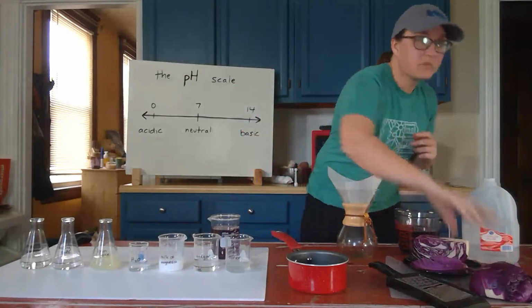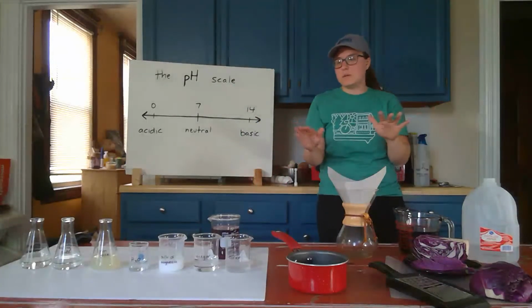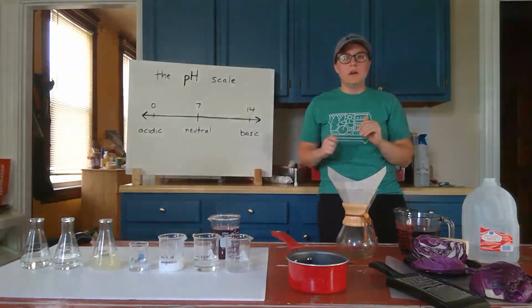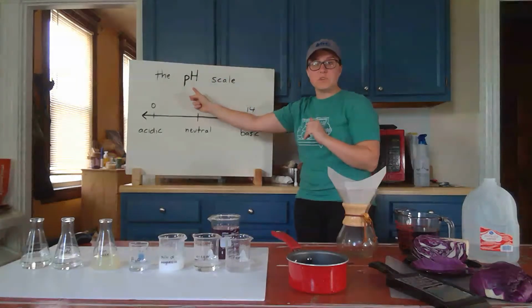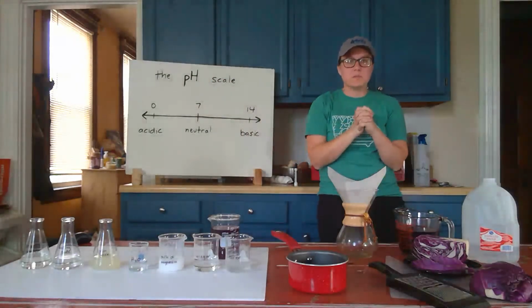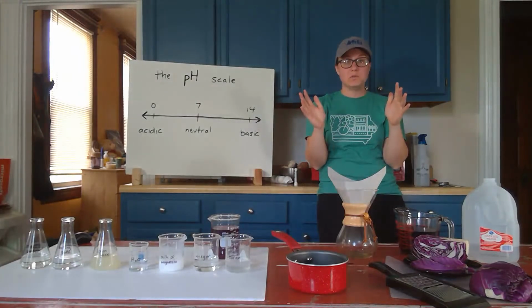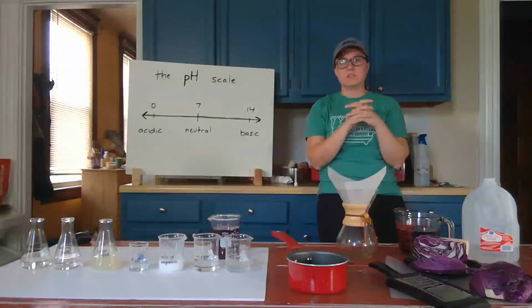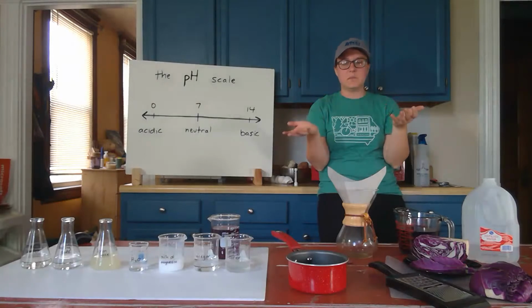Before we get started, I wanted to talk a little bit about the pH scale. The P and the H actually stands for hydrogen. Acids and bases are two different types of chemicals. You might have seen acid-base reactions before. We do these things called neutralizations, where we combine an acid and a base.